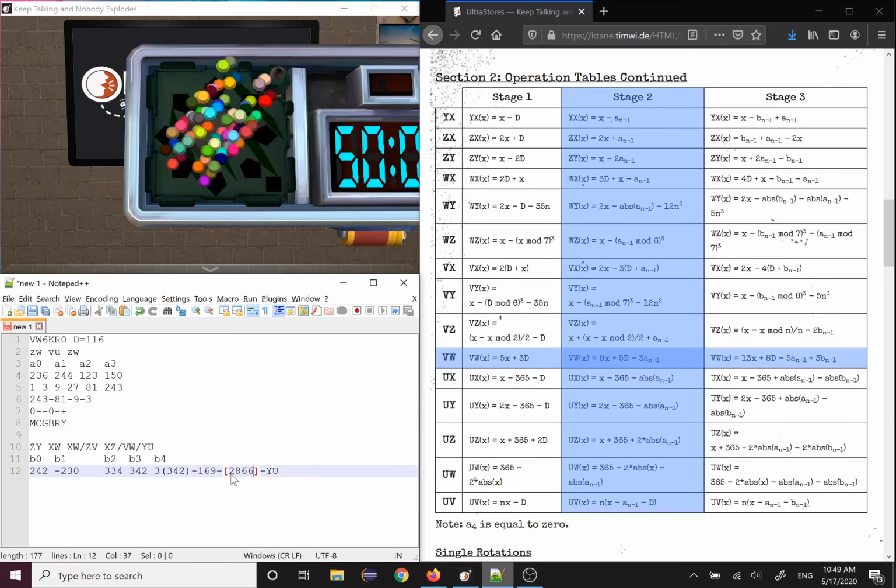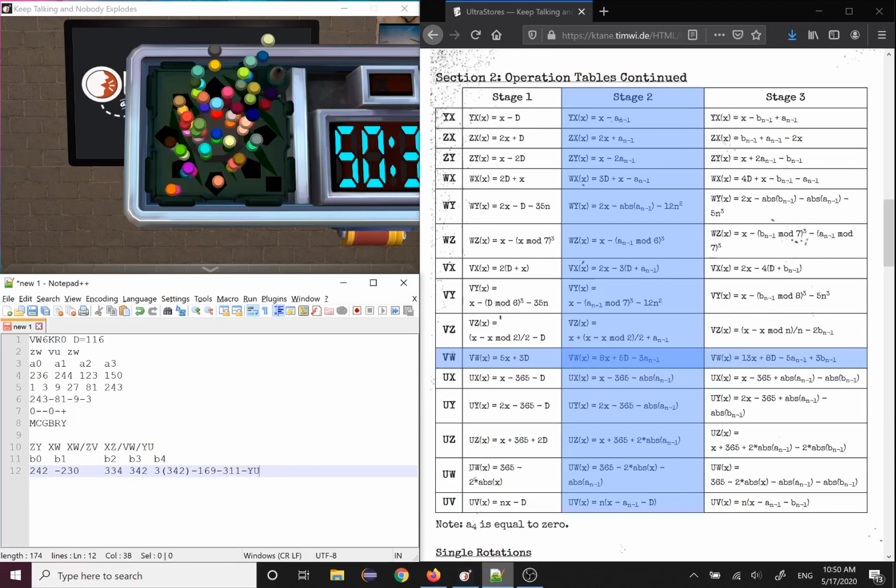This is clearly over 364, so we will repeatedly subtract 365 till we get to an acceptable point. And the number we end up with is 311, so now we can remove the square brackets.